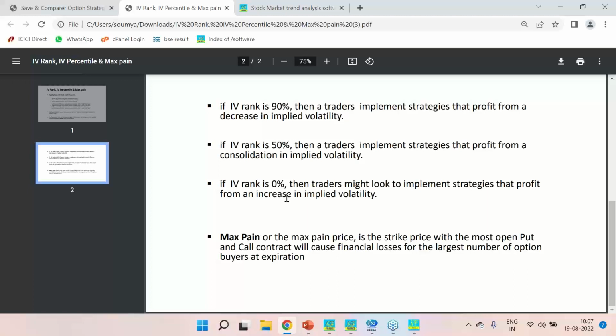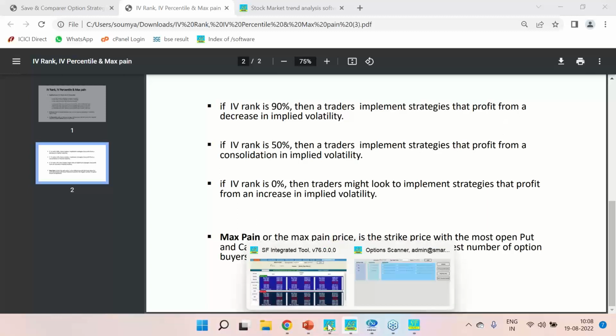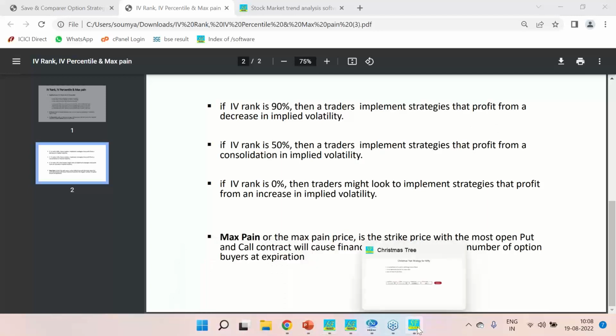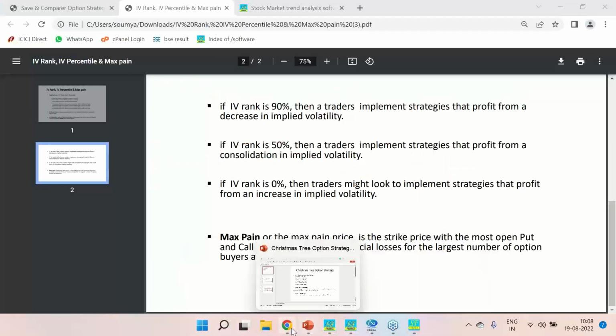Have all of you understood by looking at IV rank which kind of strategy to initiate? Have all of you understood this, or does anyone have any query? Put call ratio study and open interest study are all age-old concepts.